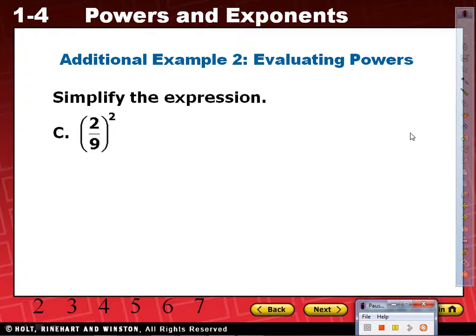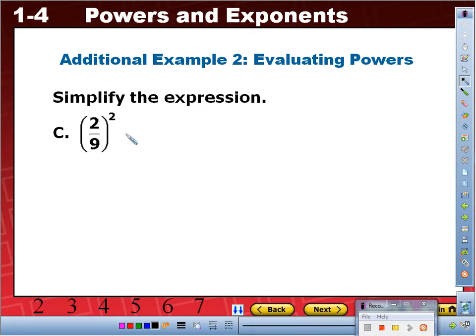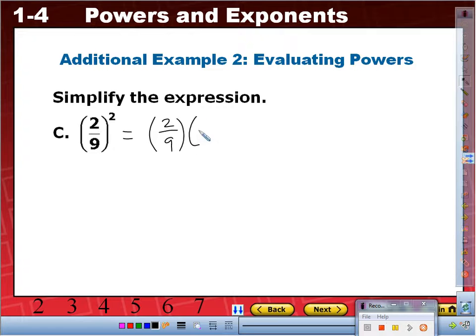Okay, let's do this one together. Now, there's two ways of doing this one. I'm going to do it first, showing you that the exponent tells us to multiply this times itself how many times? 2. So this is 2 over 9 times 2 over 9. Is that correct? So, what is 2 times 2? 4. What is 9 times 9? 81. Now, I gave you a property for exponents.